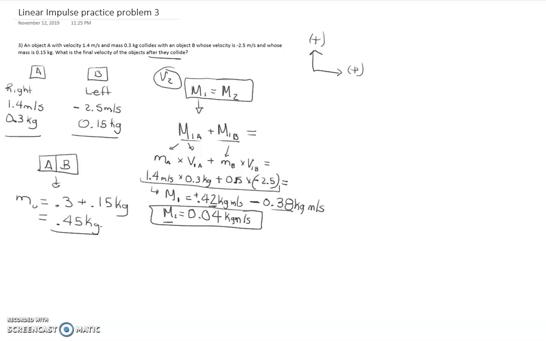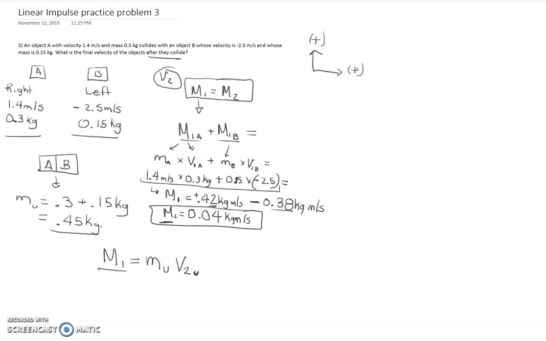And we already also have a value for M1. So what we're going to do is M1 is going to be equal to the mass of the unit times the velocity of that unit, right?